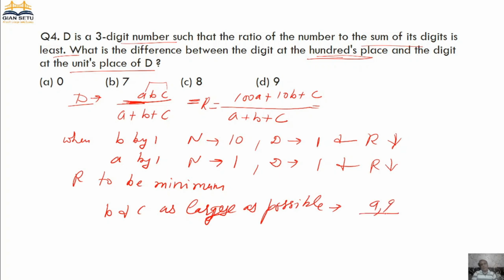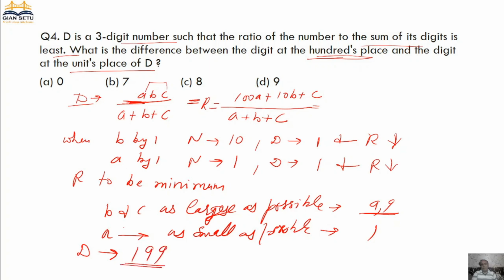And the largest values of B and C can be 9, 9. Similarly, we should have the value of A as small as possible, that is 1. So the given number can be 1, 9 and 9, right?